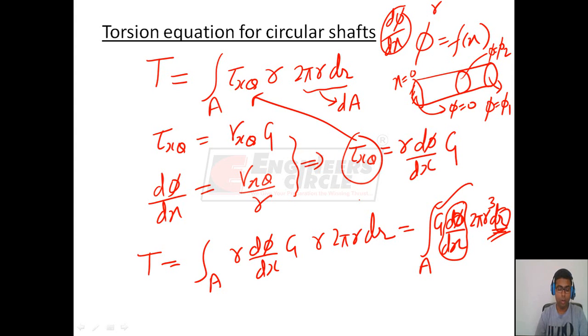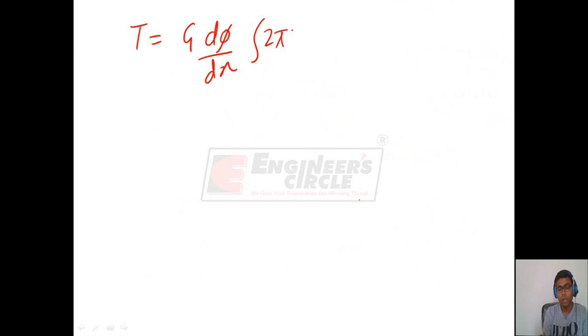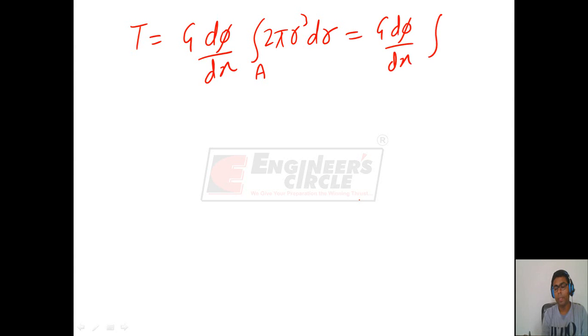Therefore, we can write the torque T as T is equal to G taken out, d phi by dx taken out of the integration. We get integration 2 pi r cube dr, integrating over the entire area A. We can write this as G d phi by dx into r square into 2 pi r dr.